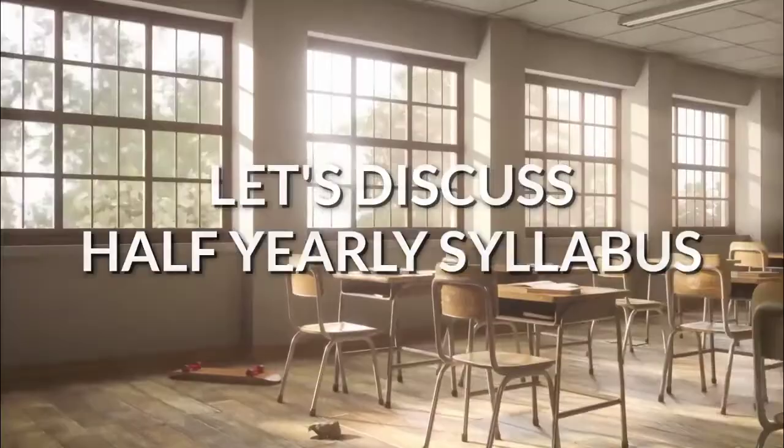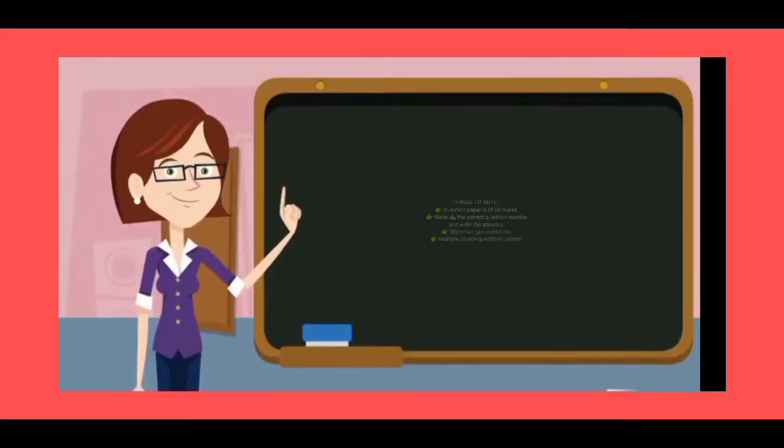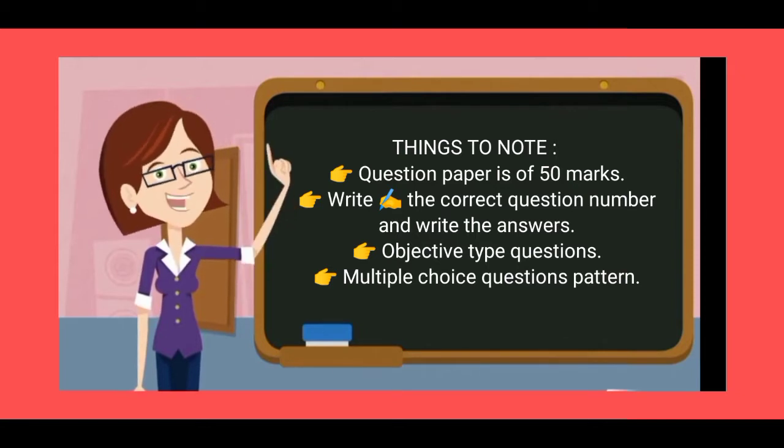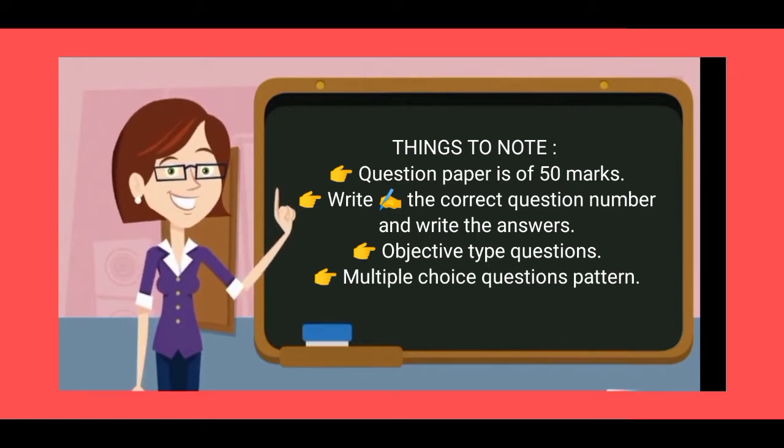Discuss half yearly syllabus. What is to be remembered and noted: the question paper is of 50 marks. You have to write the correct answer and the question number properly in the answer paper.